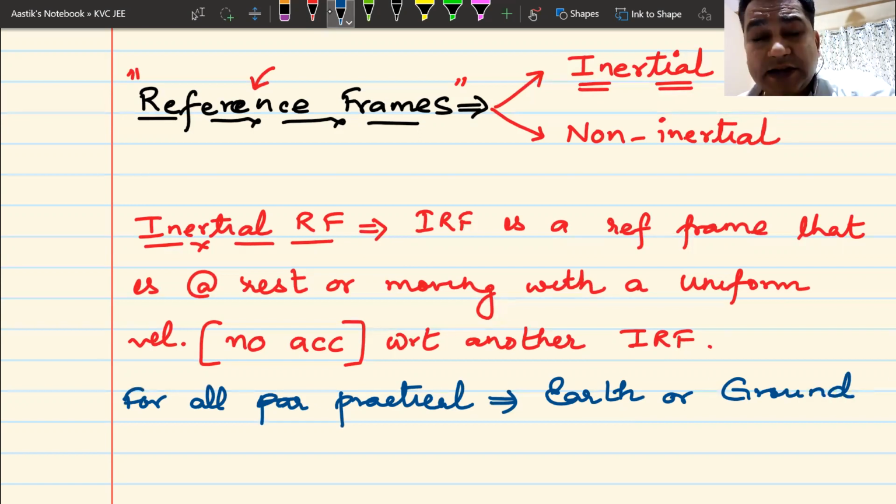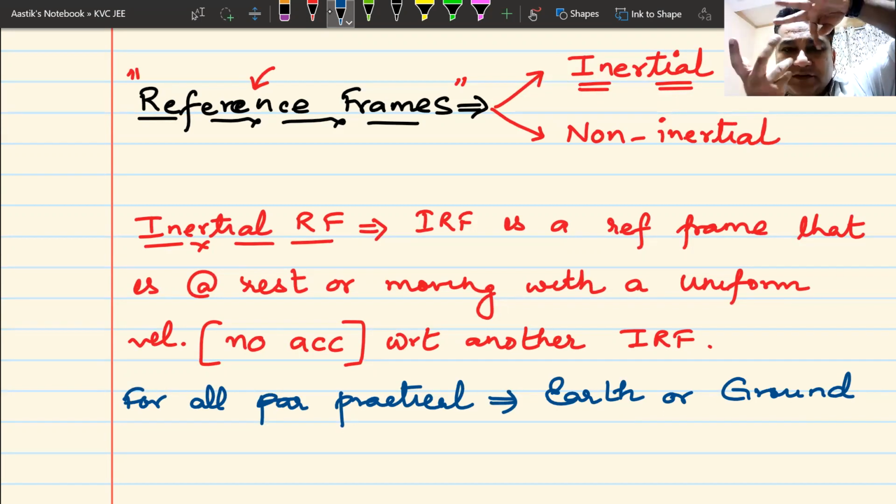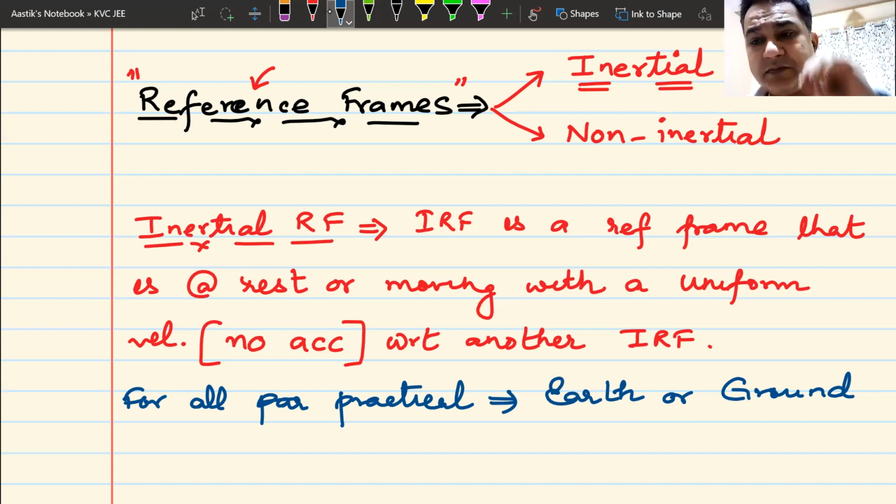But we must understand whether earth is an inertial reference frame or not. Remember, earth is rotating on its own axis. Earth is also revolving around the sun. That means earth is accelerated. And if earth is accelerated, earth cannot be an inertial reference frame.